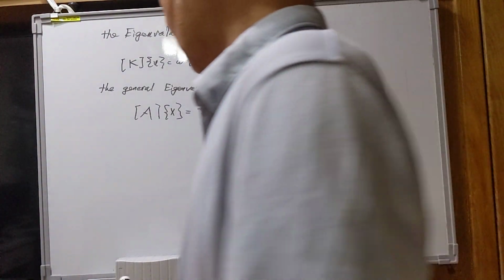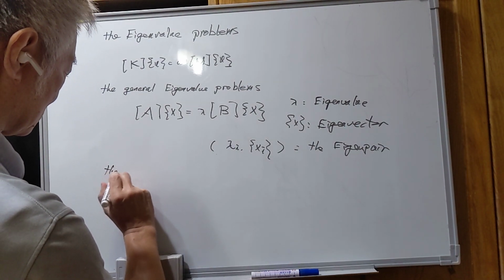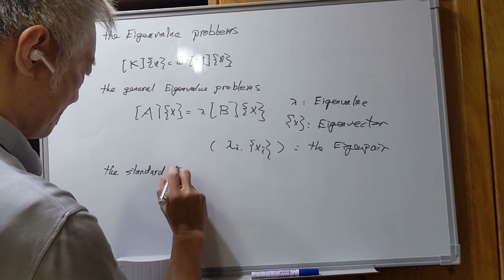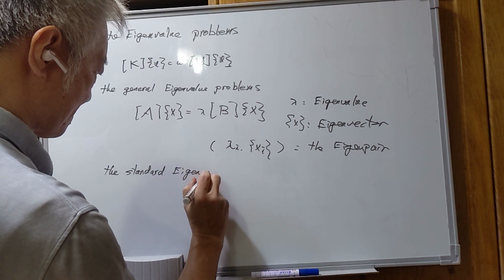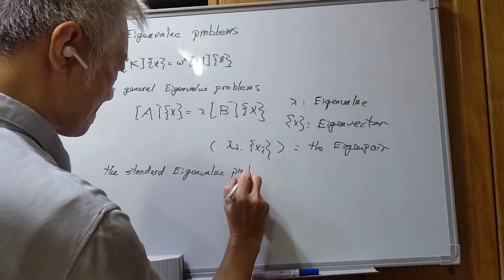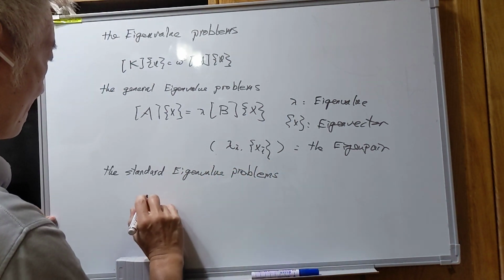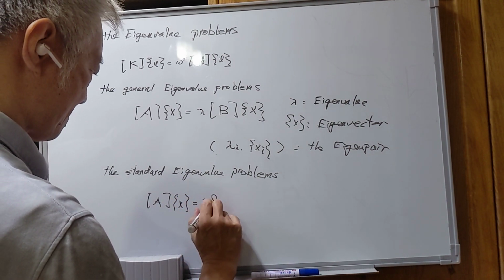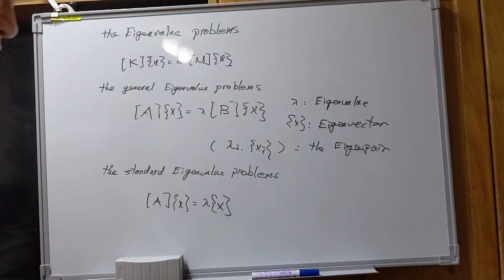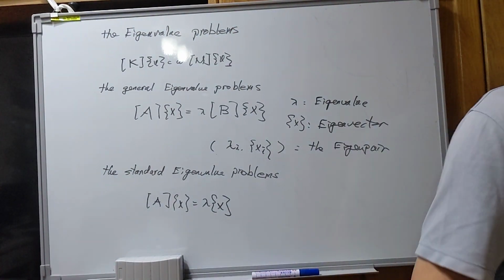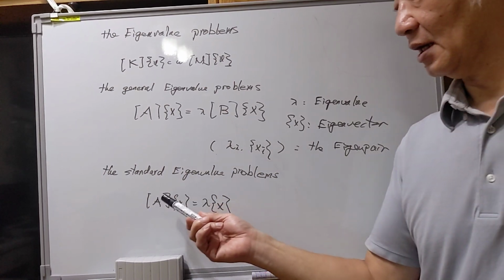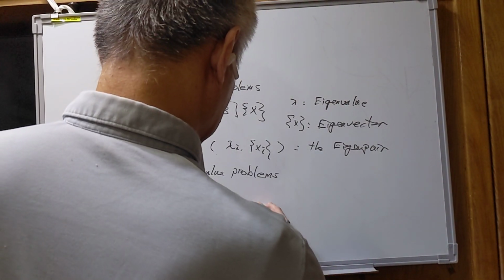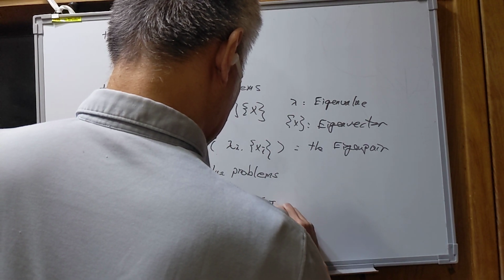Also, there is a traditional one, the standard eigenvalue problem: A x is equal to lambda x, and it can also be written as lambda I x.